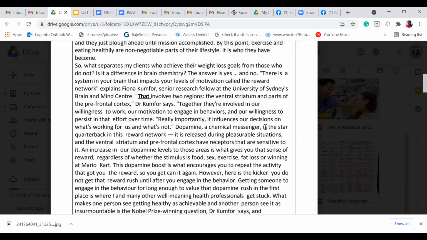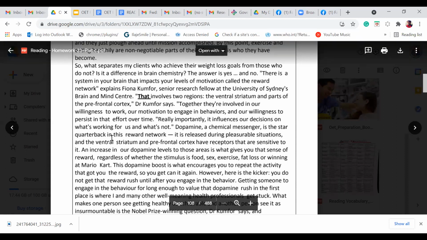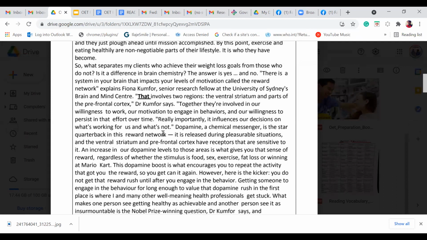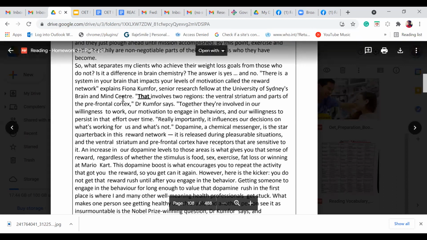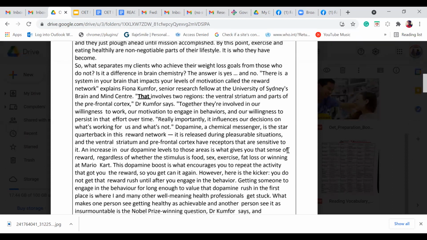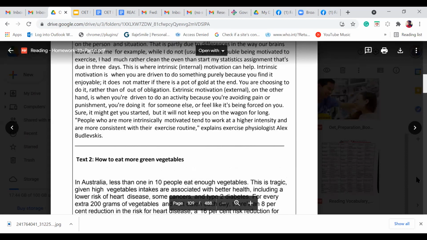Dopamine, a chemical messenger, is the star quarterback in this reward network. The reward here is talking about the same reward network. So that's what makes option A the answer.